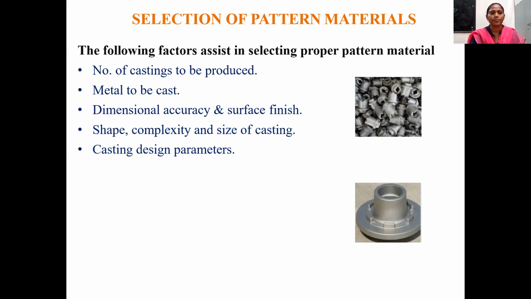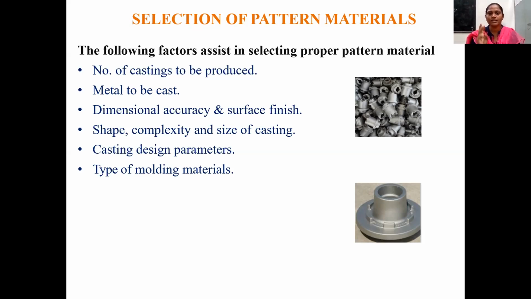Next, type of molding materials. When mixing molding sand, what are the ingredients you are going to add to prepare the molding sand? Obviously you will take silica sand along with clay and moisture. Along with these, if any other extra additives are added, depending upon that also you are selecting the proper pattern material.